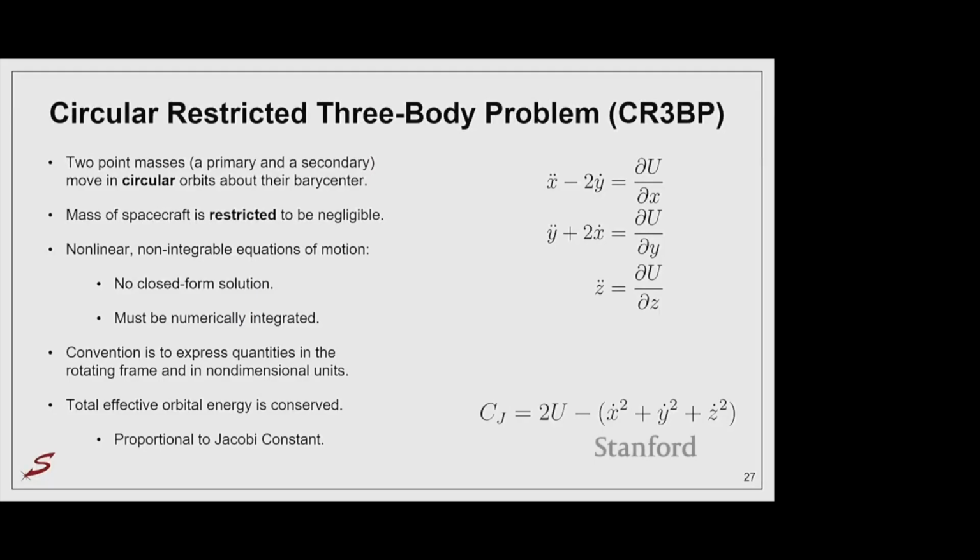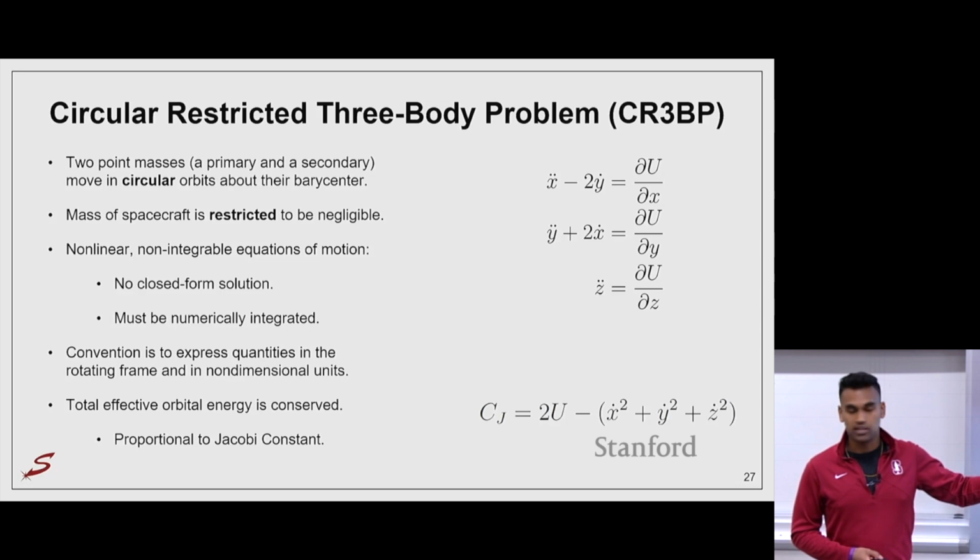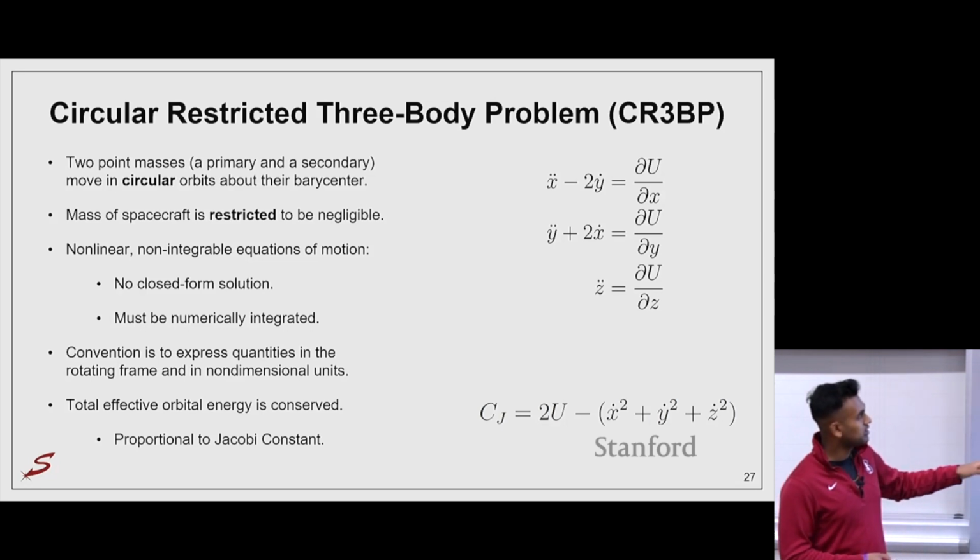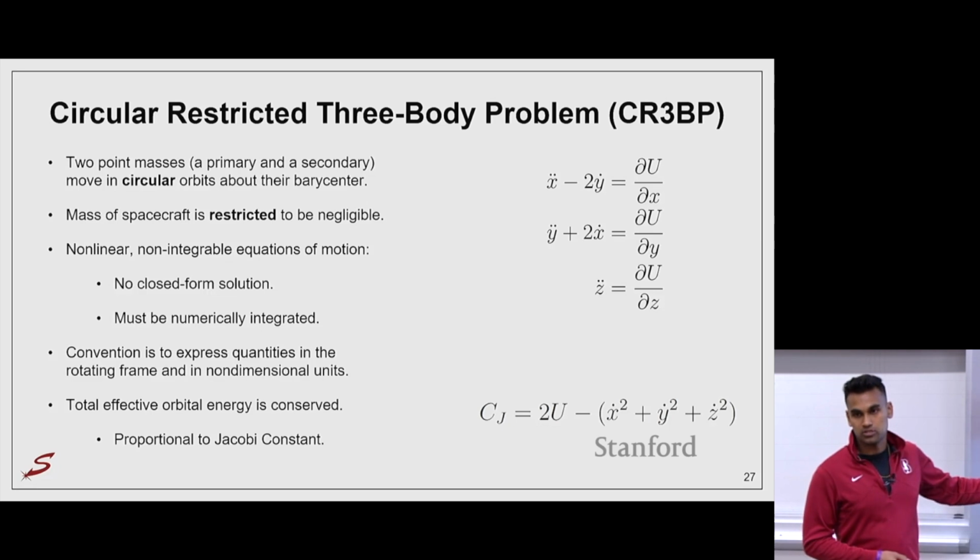So getting into the actual math of it, as we defined, there are 2 point masses moving in circular orbits around their barycenter, and the mass of the spacecraft is negligible. Here are our equations of motion, which are traditionally non-dimensionalized and represented in the synodic rotating frame. There's a key thing here, though, that's very important: there's no closed form solution.